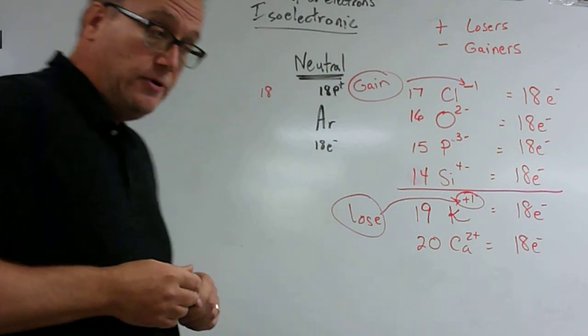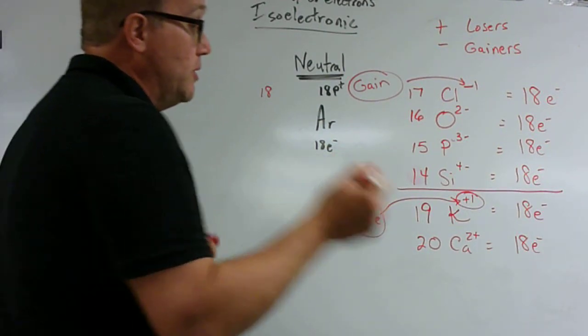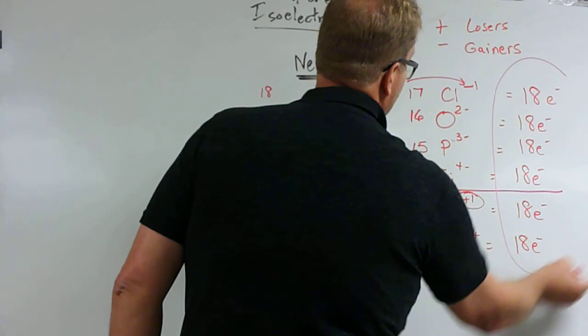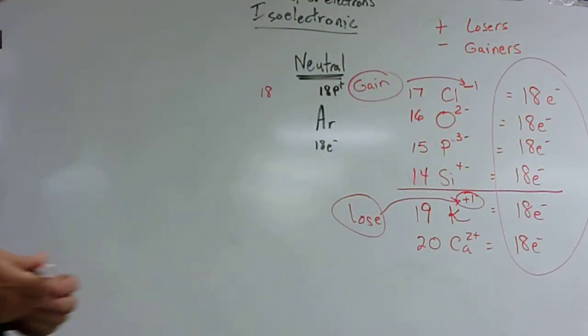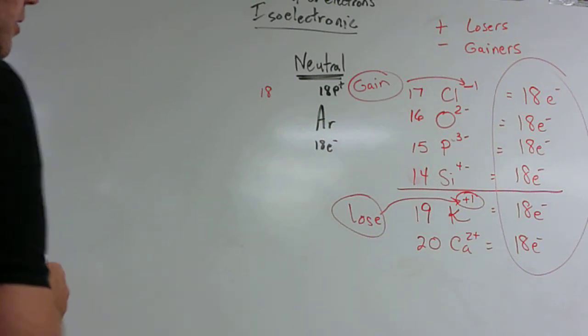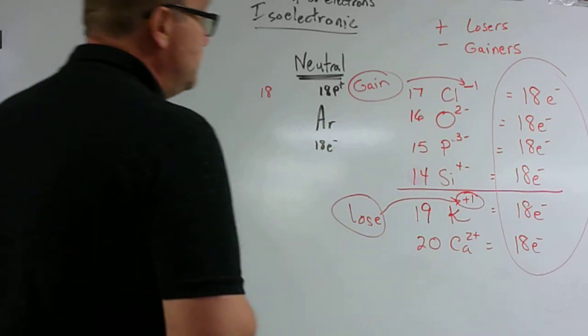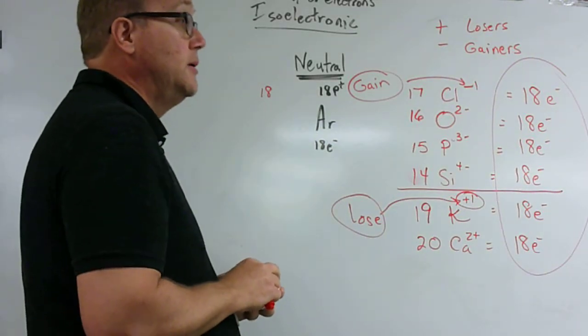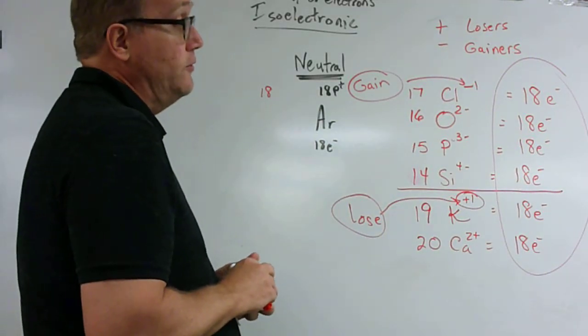So that's how you figure out if something's isoelectronic, because that means all of these have the same number of electrons. Take a second to look at that. They all go according to the same pattern. It gets a little trickier when you go to the middle. Let's say I want to do manganese.